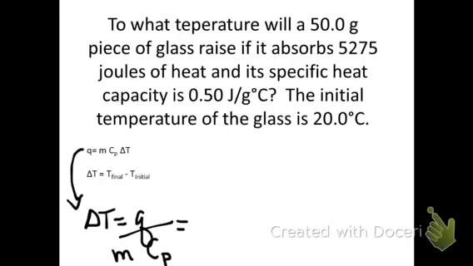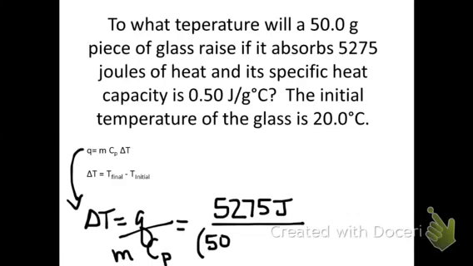Or I've got 5275 joules divided by 50 grams times the specific heat, which is 0.5 joules per gram degrees Celsius.